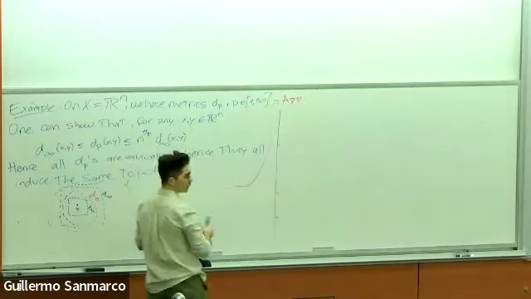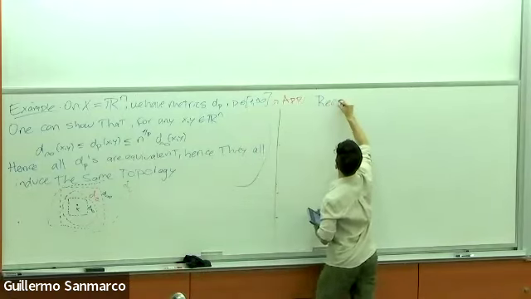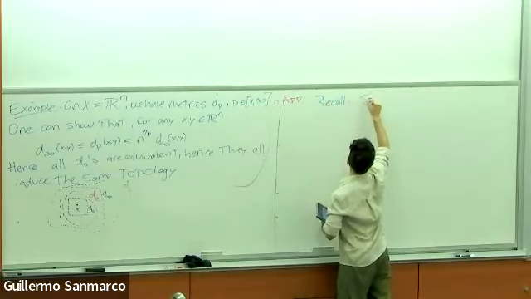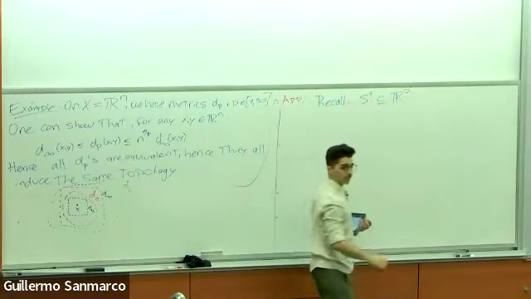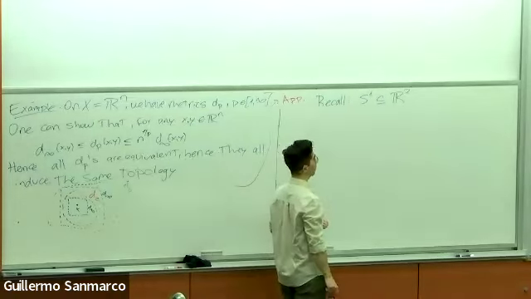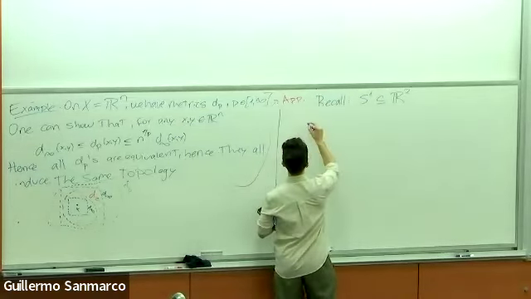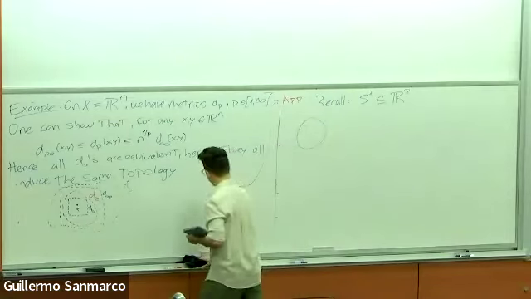what I mean by sometimes you want to use different metrics, recall we have S1, the unit circle, inside R2 with the induced topology. And here, this is our S1.